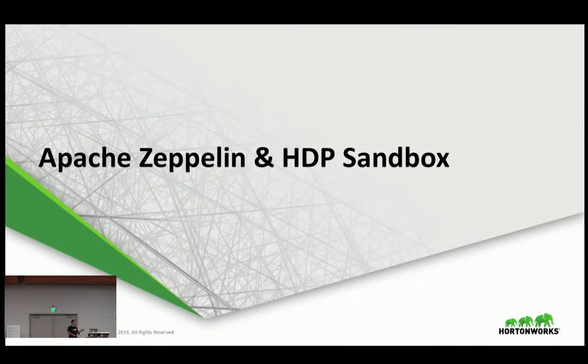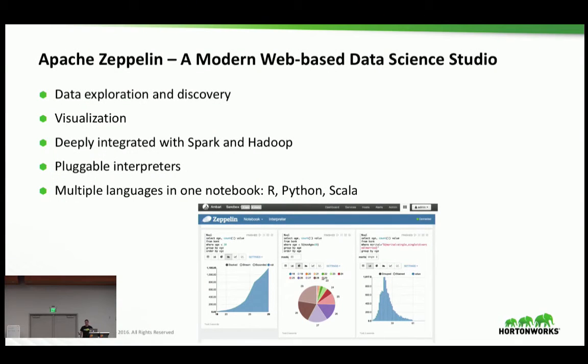So let's go briefly over Apache Zeppelin and the HDP Sandbox and what you get within that sandbox environment. Zeppelin is essentially a notebook. It's very similar to Jupyter, but with additional enhancements. For those of you who've played with Jupyter or Python notebooks, here you can write in multiple languages in the same notebook.